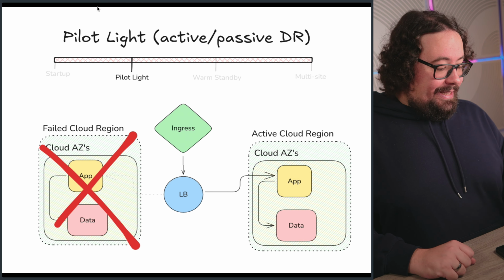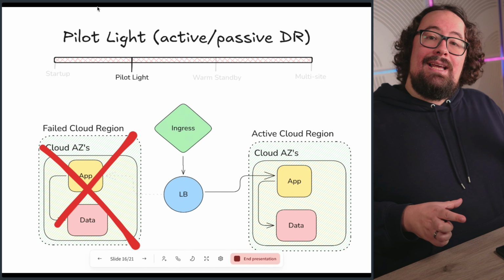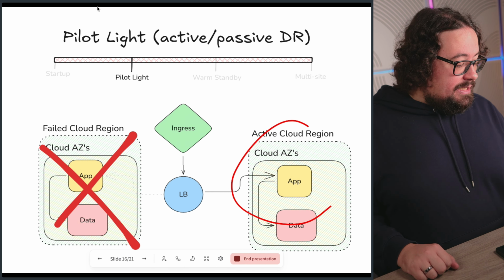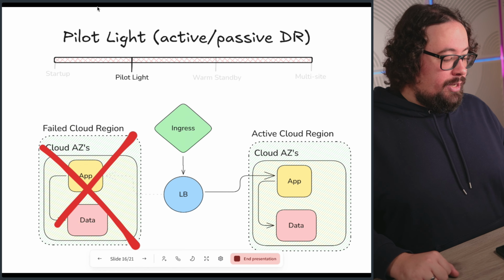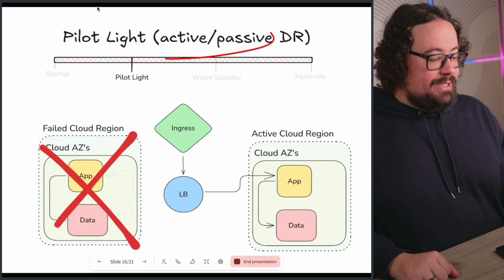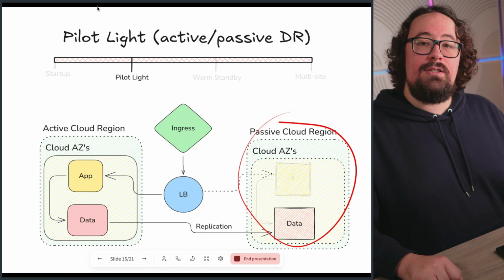And so when there is an outage on the main cloud region, we can then very quickly scale up everything on this other region to take the load from the original active region. And this is what's called an active-passive setup, right? Because we can see that this side is active and this side is passive.